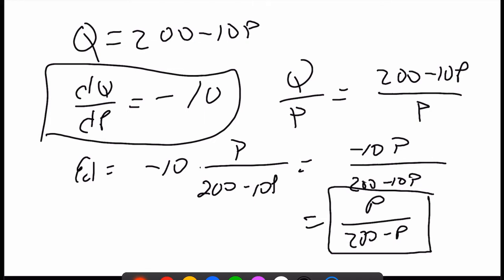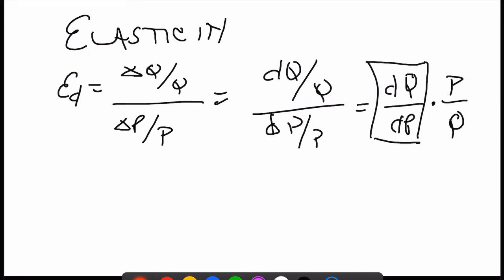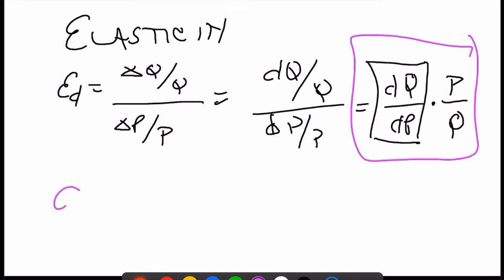But the point is that the point elasticity formula comes out of changing so that we get that, right?